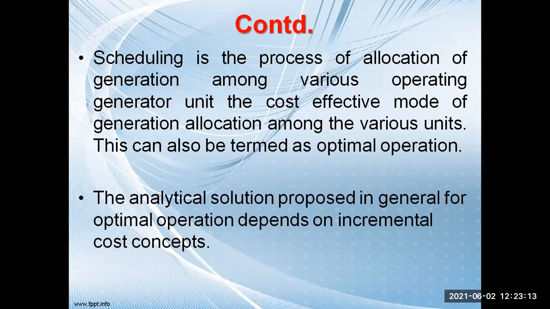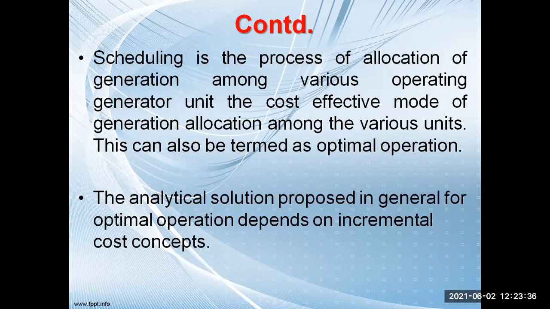So finally, the generation which is coming into the system, or injected into the system, should be generated effectively and economically. Then we can say that our system is operating under optimal operation. The analytical solution proposed in general for optimal operation depends on the incremental cost concept.